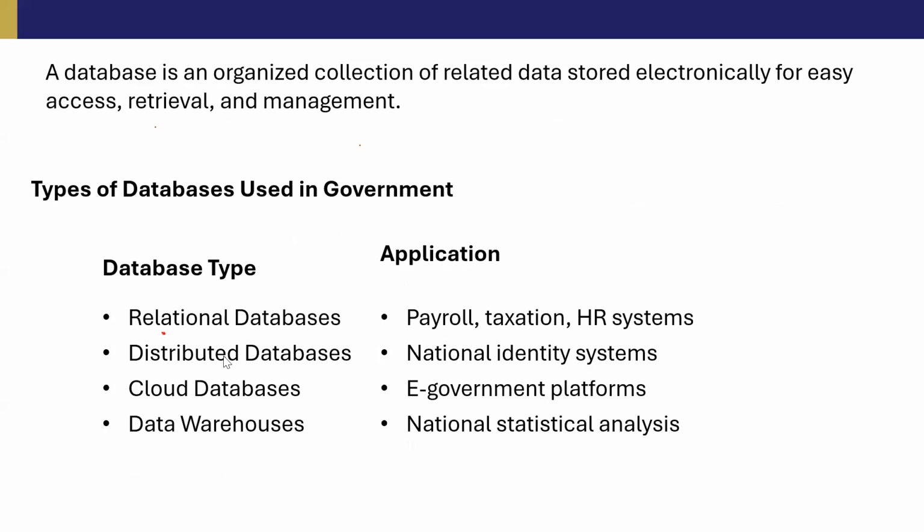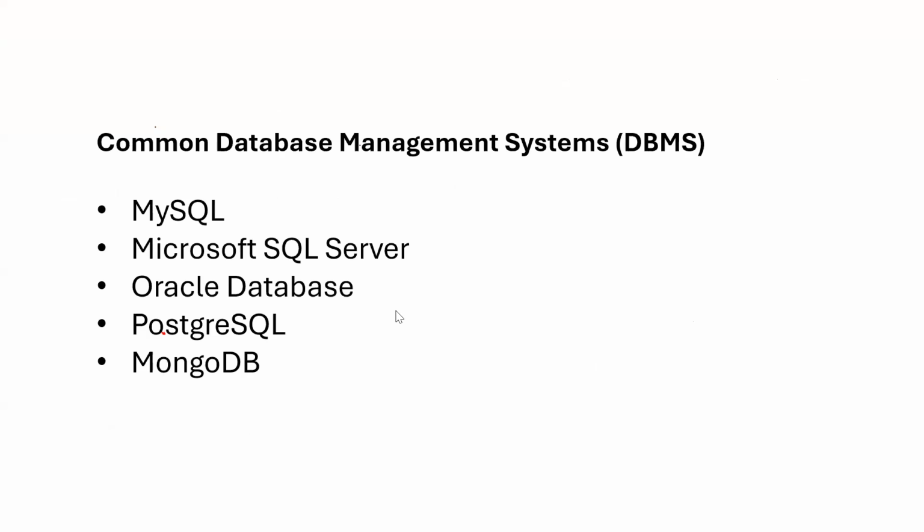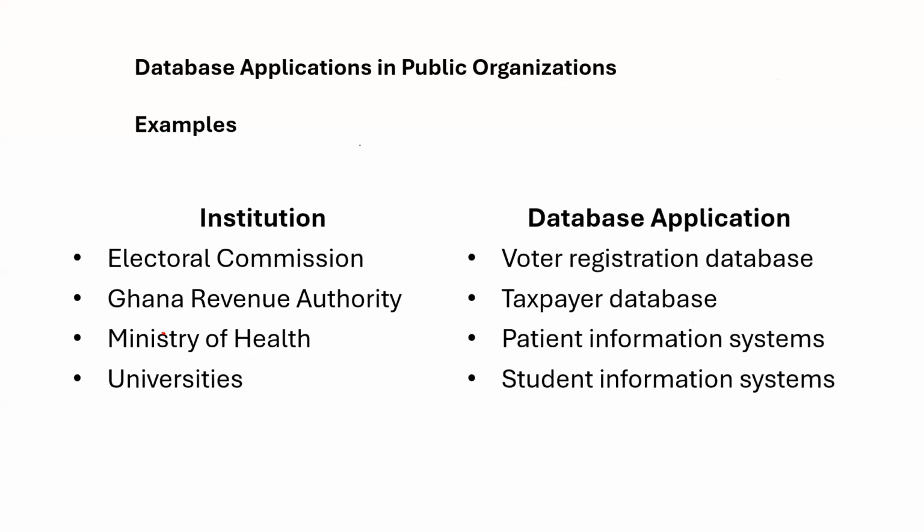Relational database, distributed database, cloud database, data warehousing, all these things must be clearly defined as a nation. Because there are common databases that can be used. MySQL, Microsoft SQL, Oracle SQL, Postgre, NoSQL, all of these are important for us to do.